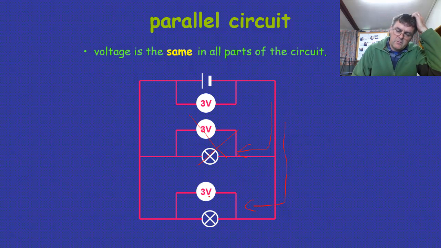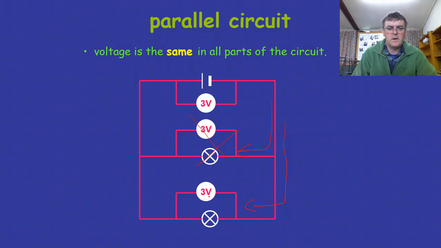Now this means these bulbs are glowing equal brightness, whereas in the series circuit, because the energy is being shared out, the bulbs, as they add more bulbs in, they get dimmer and dimmer. This is another reason why houses are wired up in parallel. So each bulb gets the full dose of energy, and if one bulb blows, you're not left sitting in the dark.